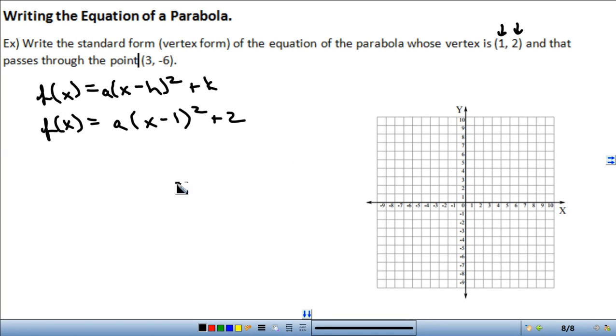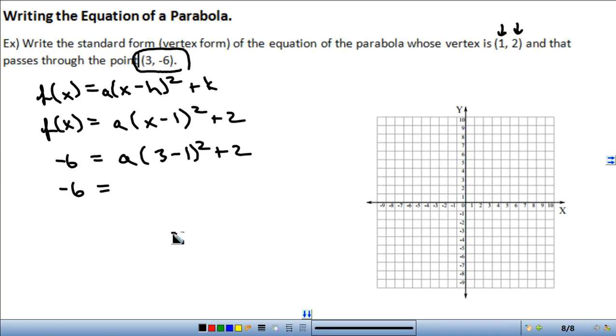Now, I don't know what my a is, and that's why I'm given this point here. I'm going to substitute x is 3 and y is negative 6. So I remember f of x is your y. So I have negative 6 is equal to a times 3 minus 1 quantity squared plus 2. So 3 minus 1, that's going to be 2.